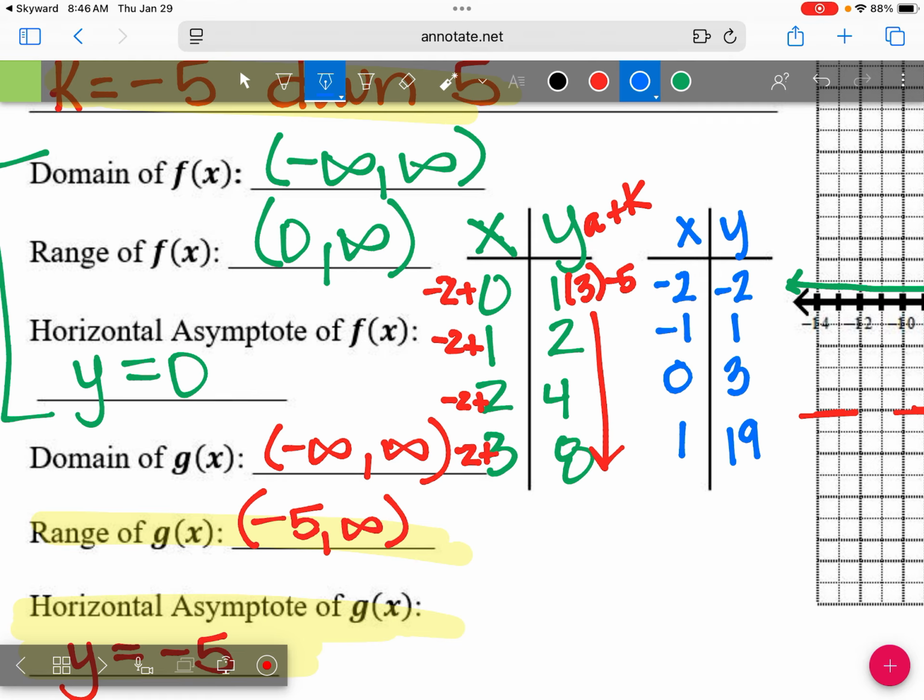And the last point is going to be too big because 19 doesn't fit on our graph, so we're just going to fit the ones we can fit.